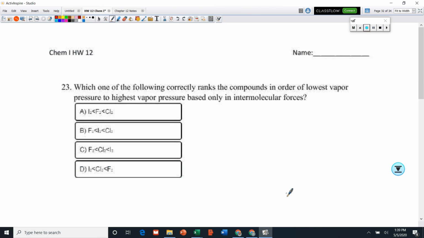Which one of the following correctly ranks the compounds in order of lowest vapor pressure to highest vapor pressure based only on intermolecular forces? So that would be strongest to weak.